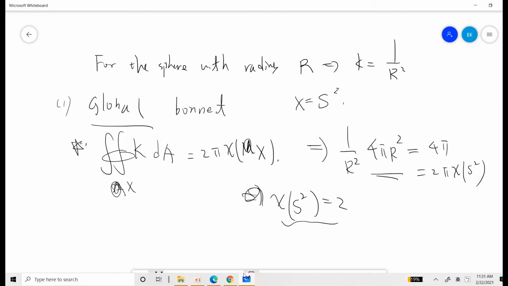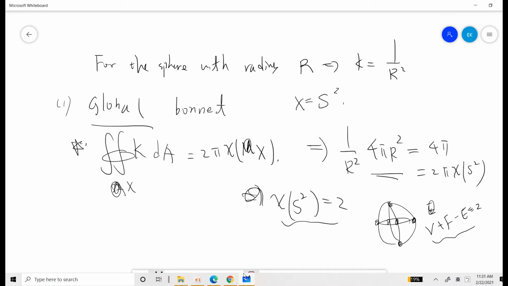Because you can just triangulate the sphere, then count the Euler characteristic by counting: vertices minus edges plus faces. Then you can see whether it's 2.